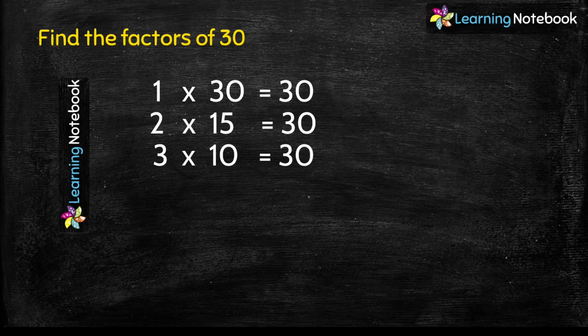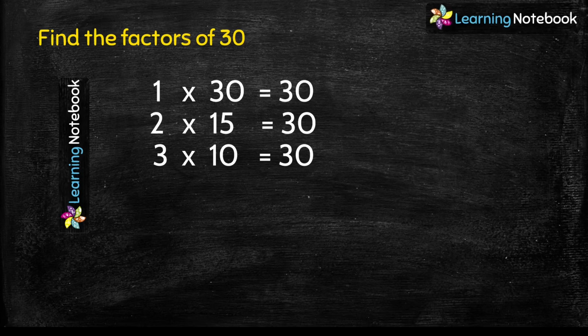In the table of 3, 3 into 10 equals 30. Now, 30 does not come in the table of 4. Or we can say 30 is not divisible by 4.